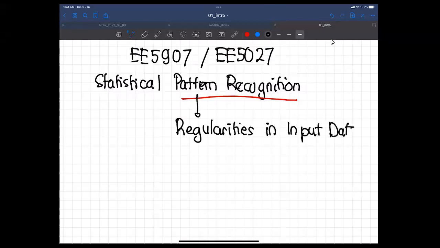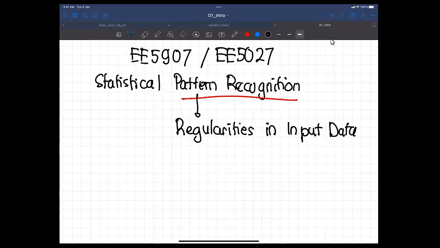We want to find out the techniques to find regularities in the input data. And the detection or the recognition here have to be, of course, automated. Right?